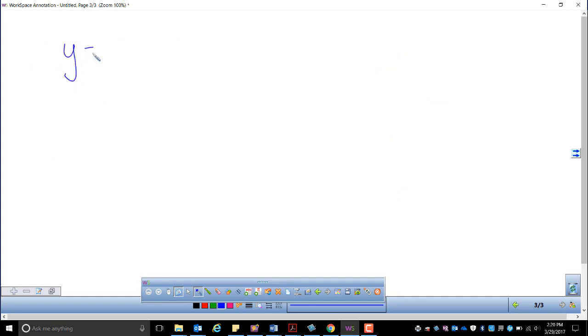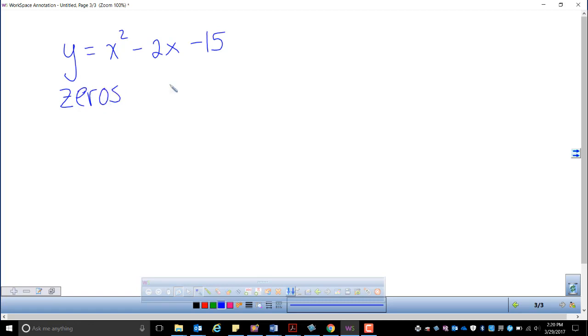Let's have y equals x squared minus 2x minus 15. So if they ask you to find the zeros or the roots, what you have to remember is you want to factor. So I'm going to put in negative 15 and negative 2.